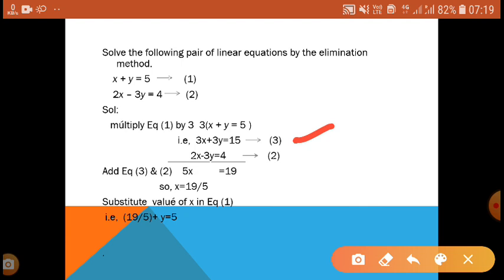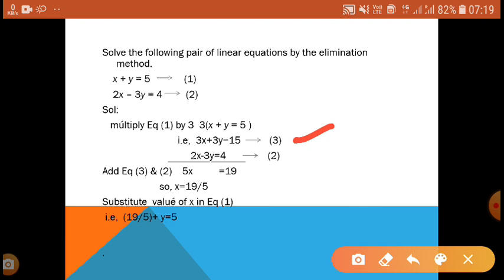Then equation 2 I have taken, because we modified equation 1, so again we cannot take equation 1, we have to take equation 2. If you have multiplied and converted equation 2, then you can take equation 1. If both the equations are multiplied, you will get two new equations.